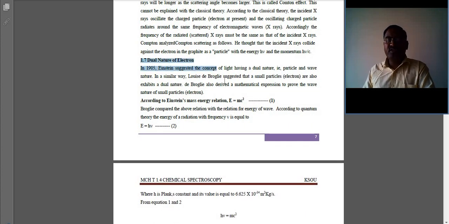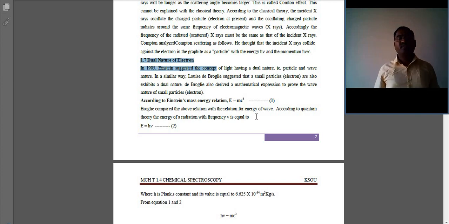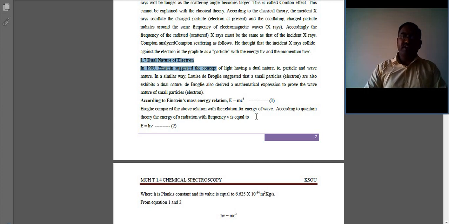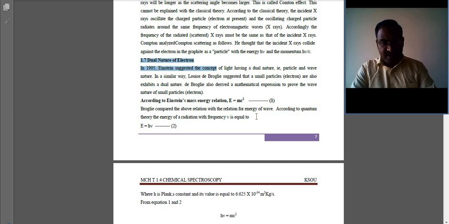Consider the dual nature of the electron. Here two scientists derived the mathematical expressions for energy.